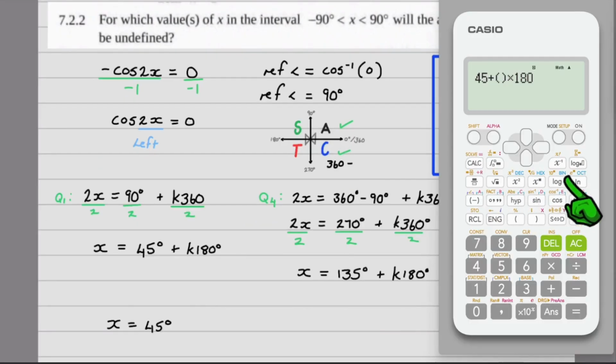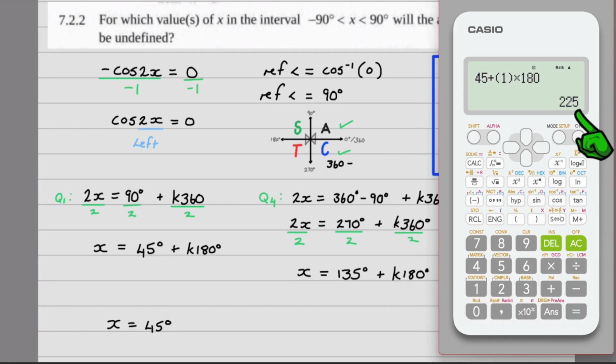You can also test it with your calculator like this. You can pretty much retype this into your calculator, and instead of k, you've got an open set of brackets like this, times 180. Then if you chuck 0 in there, you can see it gives me that 45 I was referring to earlier. And then I normally go from 0 to 1.